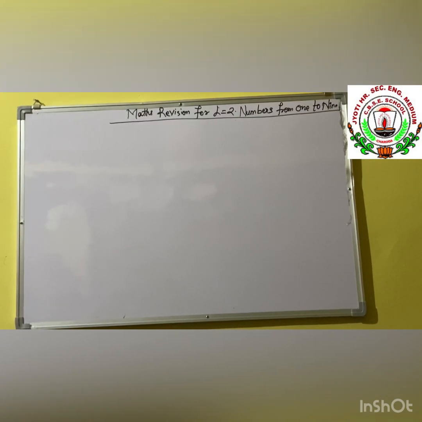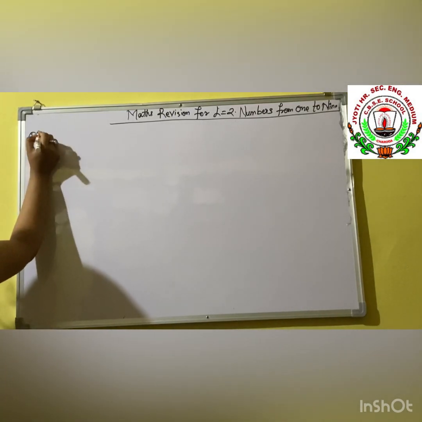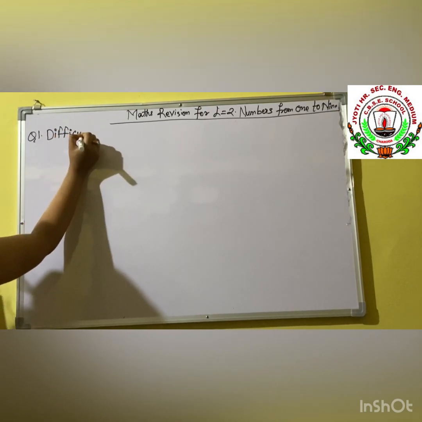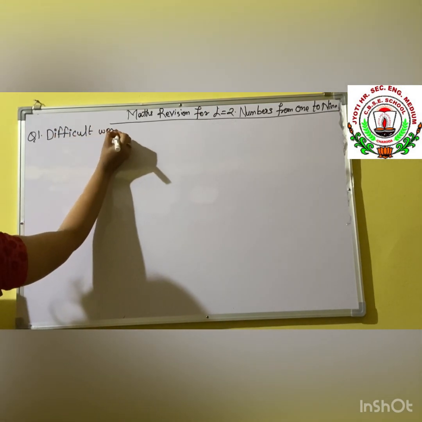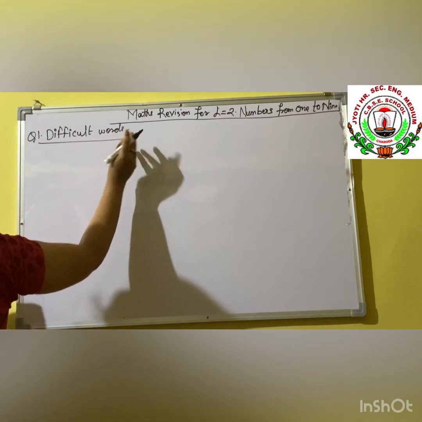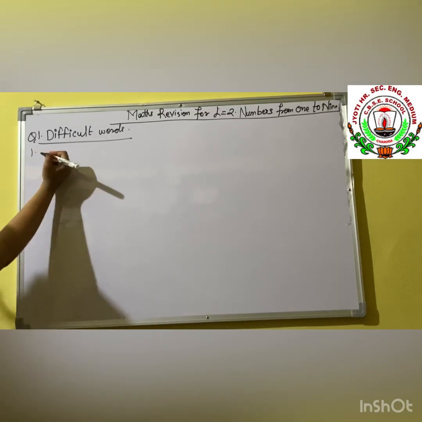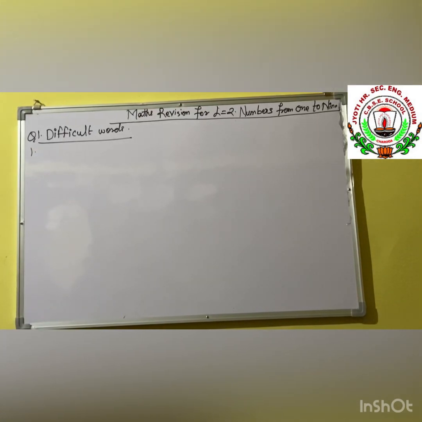First, we will write difficult words. So I am going to write over here. Question 1. Difficult words. You have to study all the questions which I am doing revision over here. This will be helpful for your pre-mid exams. So study well at your home.